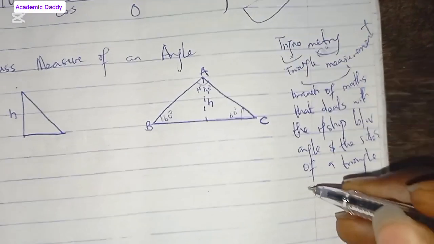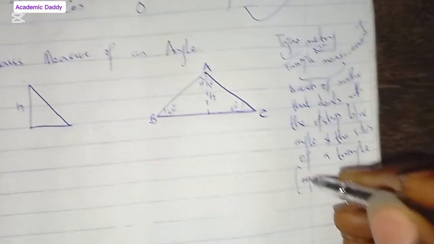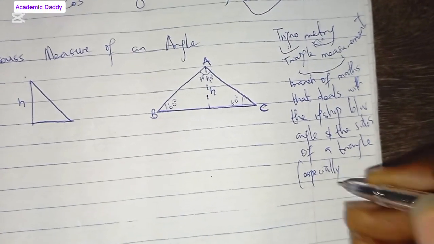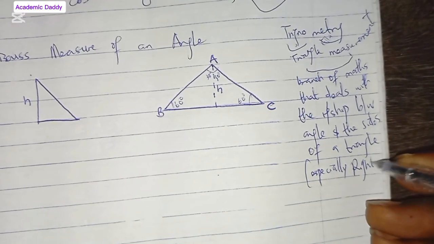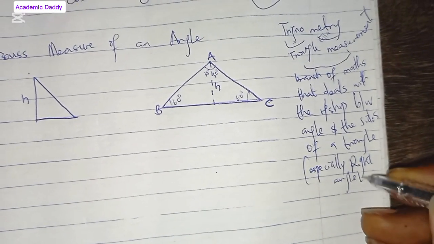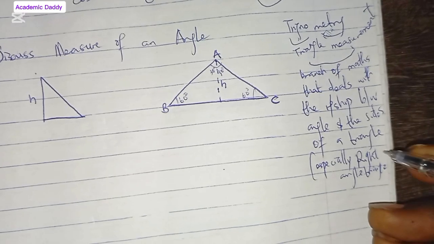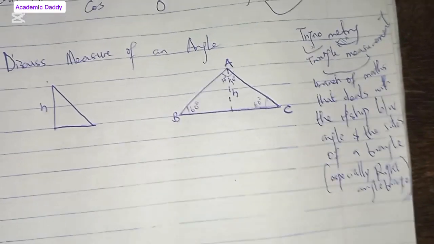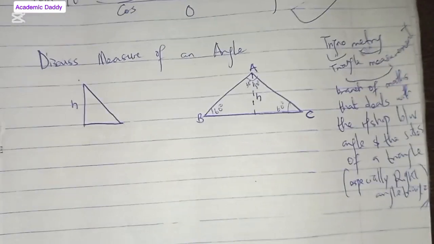But more especially, particularly, the right angle triangle. Why we normally use the right angle triangle is that the angle equals 90 degrees, and 90 is like in the middle of anything you're doing with angles.